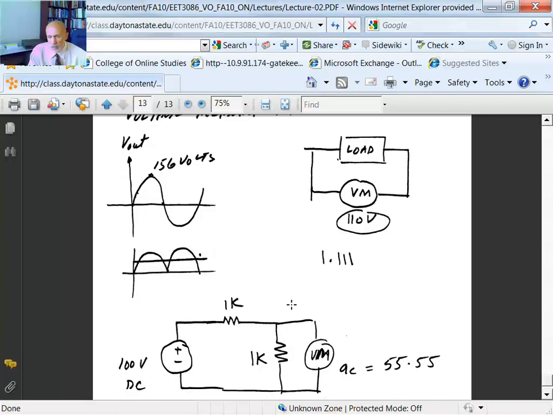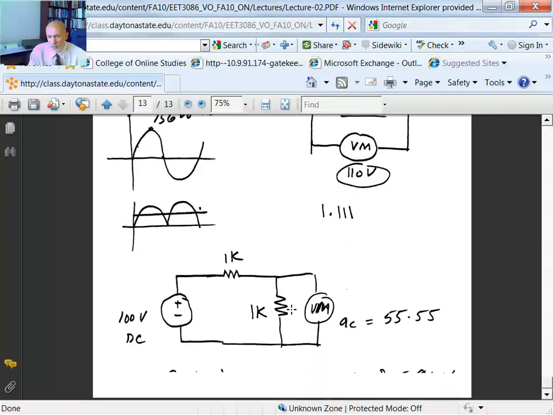Same thing with a digital one. Say you have an example: a 100 volt DC source, with a 1K ohm resistor here and a 1K ohm resistor here. The 100 volts should divide up equally between the 1K and 1K, so if you put a voltmeter here, you should expect to read 50 volts.